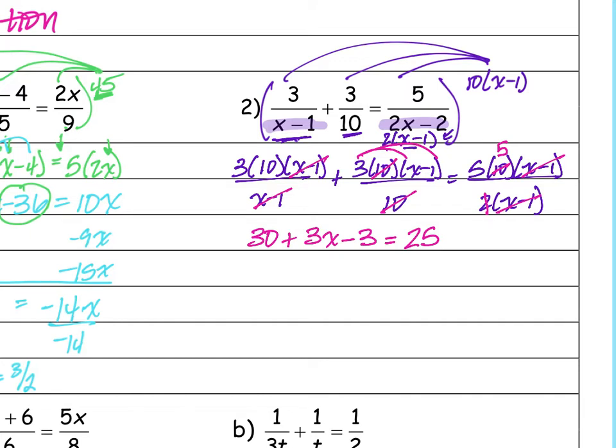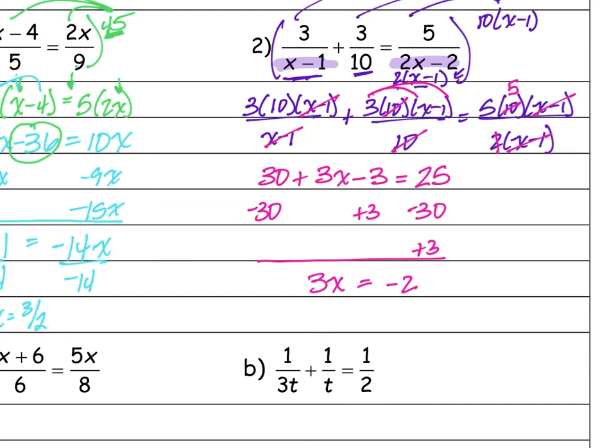Okay, so I'm going to subtract 30 and add 3. So I get 3x equals negative 5 plus 3, which is negative 2. That is correct. And then divide by 3, and x is going to equal negative 2/3.